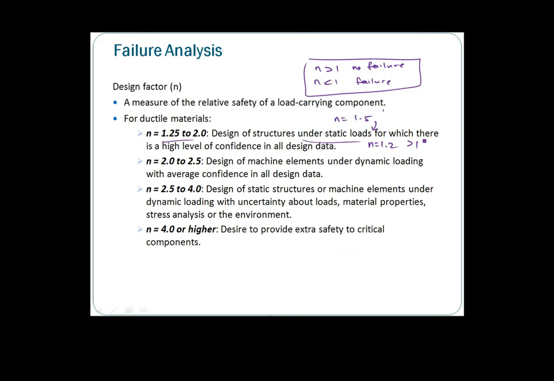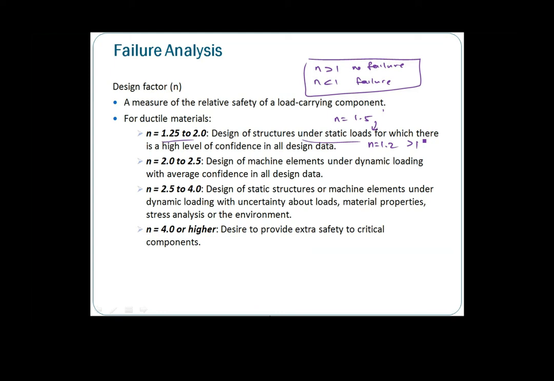If it's static loads with a high confidence level, then 1.25 to 2. If it's dynamic loads, then your n has to be 2 to 2.5. If your structure is undergoing dynamic load and you are unsure about the material properties, load, stress analysis, a lot of things you do not know, then of course you have to go higher.